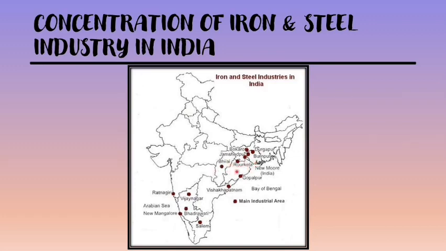The main centers are Jamshedpur, Bokaro in Jharkhand, Kulti in West Bengal, Bhilai and Raurkela in Chhattisgarh, and so on.